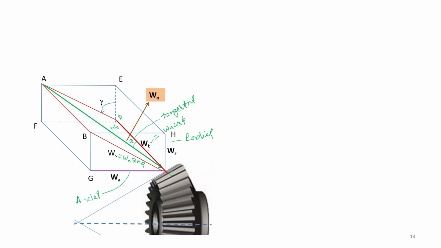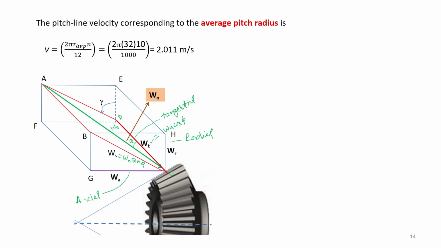Now, this Wt can also be obtained knowing the average pitch circle radius of the bevel gear and the RPS of the bevel gear. So, let us first find the pitch line velocity corresponding to the average pitch radius. This is 2 pi r average of the pinion times the RPS, divided by 1000. We are dividing it by 1000 because the average pitch circle radius given in the problem is 32 mm.